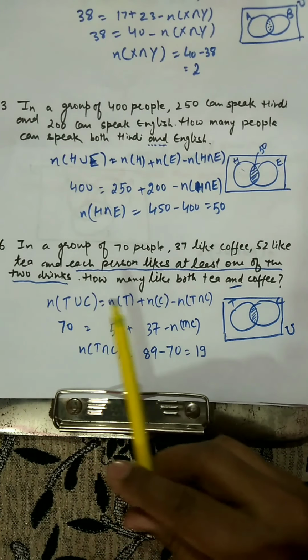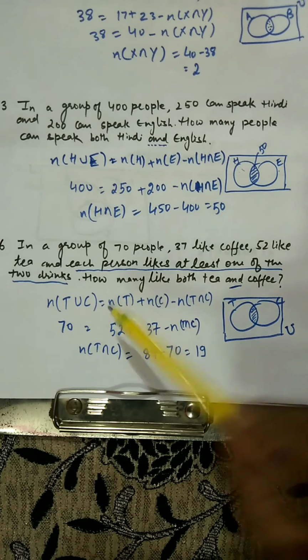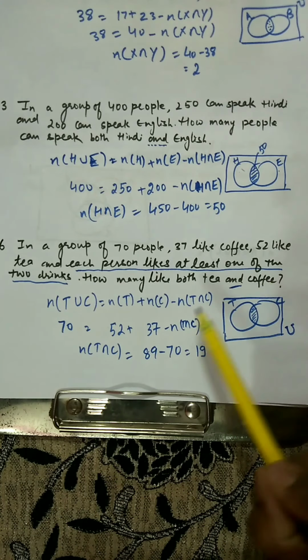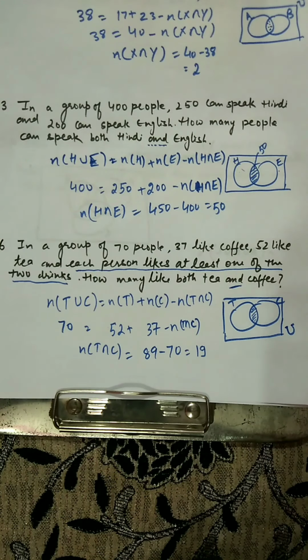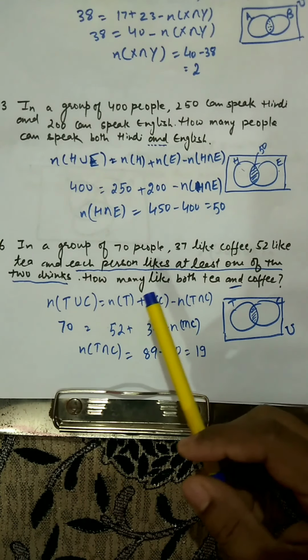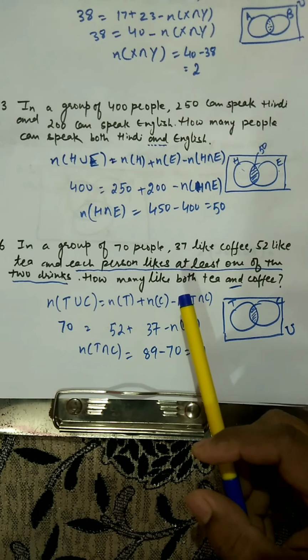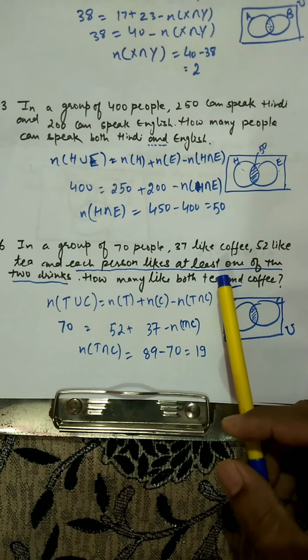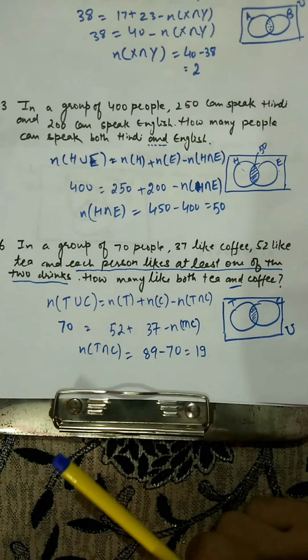But now come to this point: each person likes at least one of the two drinks. What does it mean? I just want to emphasize this line that there is no person who does not like tea or coffee.